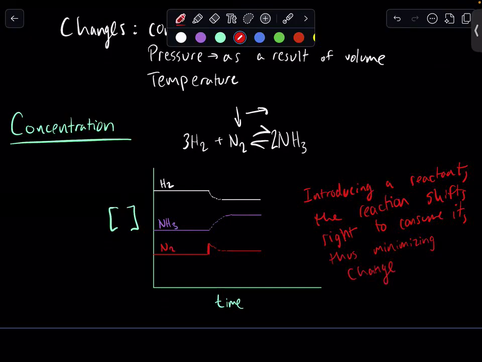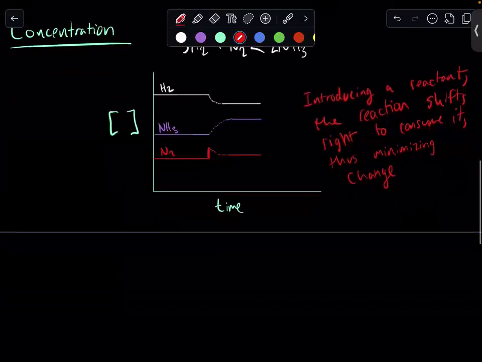So that is Le Chatelier's principle in a nutshell. And by shifting to the right, we are shifting towards our products, making more products overall.